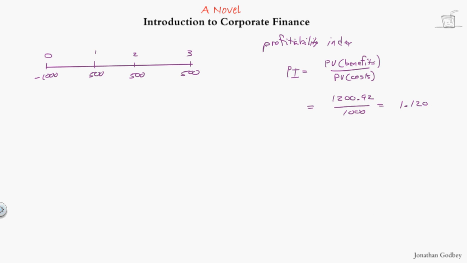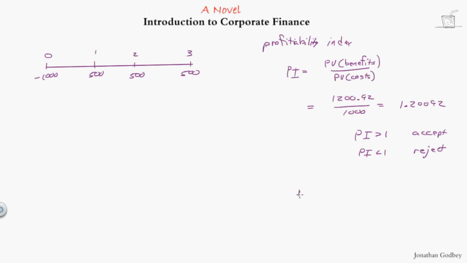I'm sorry, I did that wrong. So my profitability index was 1.20092. As long as the profitability index is greater than 1, the benefits are more than the cost, and I accept. If the profitability index is less than 1, the cost would be greater than the benefits, and I reject.